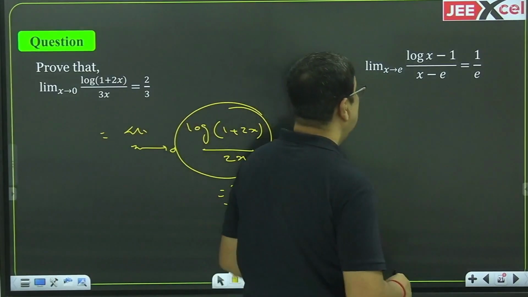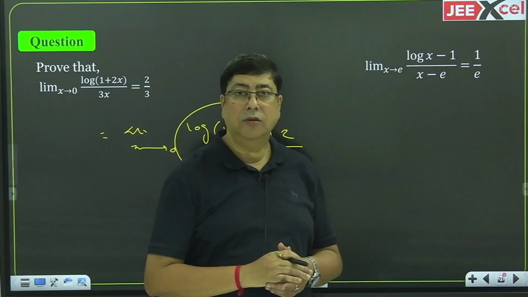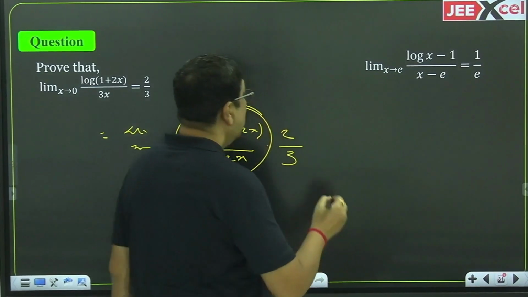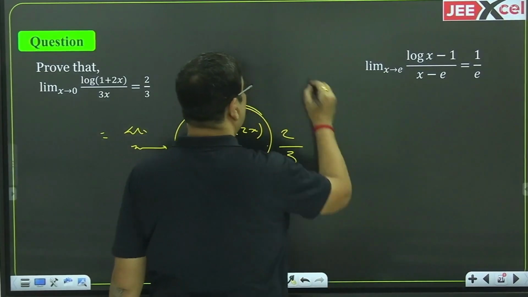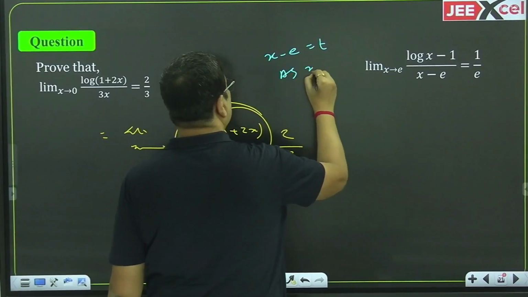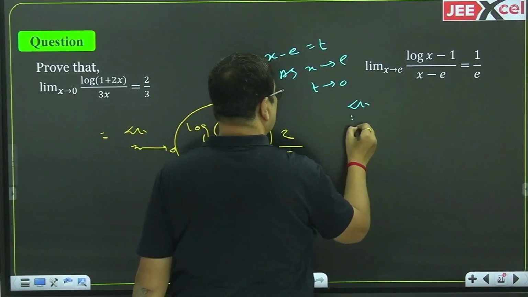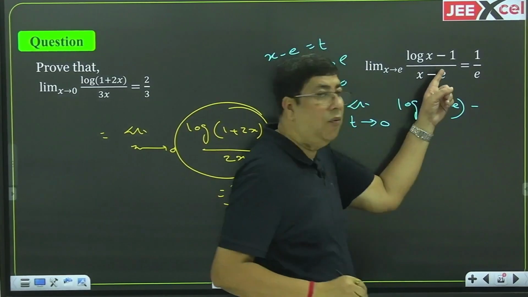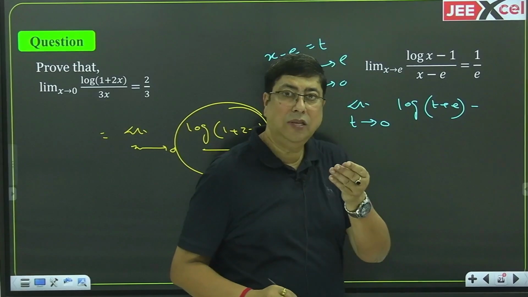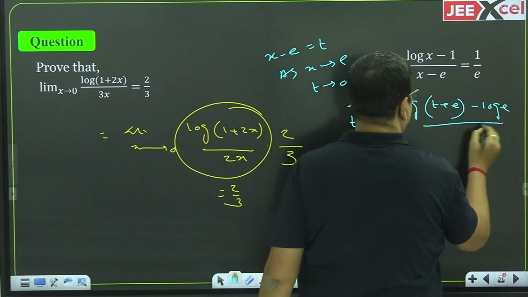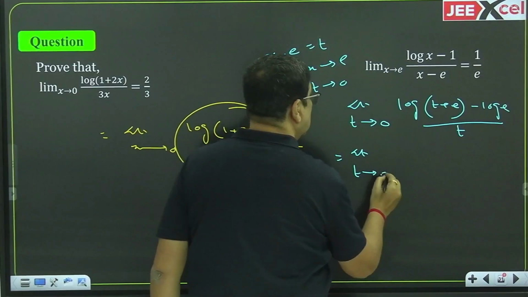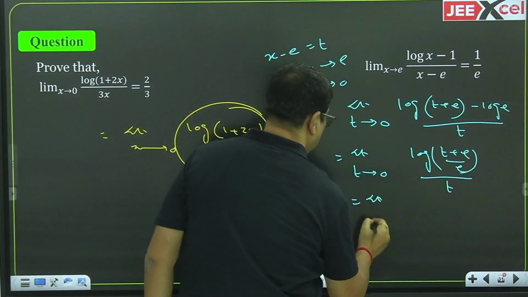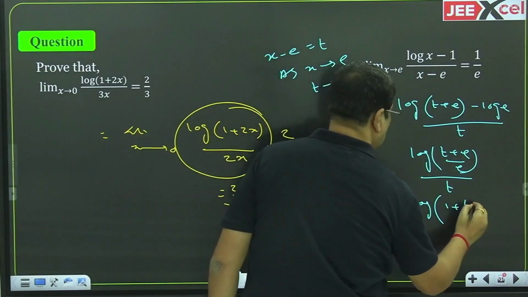And here, what to do? Here, limit x tends to 0 is not there. Limit x tends to... what will you do? First we should make something tend to 0. There is only one formula for log, so make something tend to 0. What will you do here? See, let x minus e equal to t, as x tends to e, therefore t tends to 0. So the limit, first you should make something tend to 0, log of t plus e minus, instead of 1 we can write log e base, so 1. So in this case log e total divided by t. Therefore we can say limit t tends to 0, log m minus log n is log m by n, log of t plus e by e, by t, that is coming to be limit t tends to 0, log of 1 plus t by e, by t.